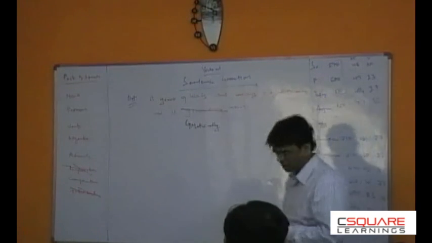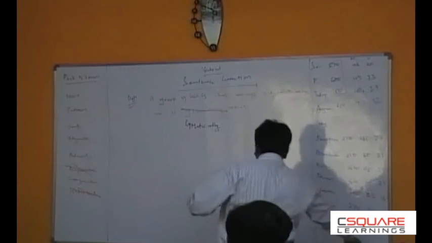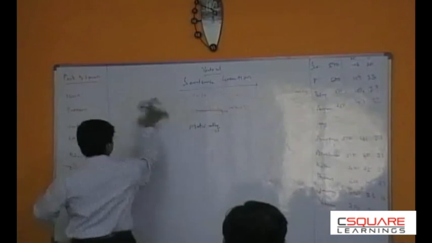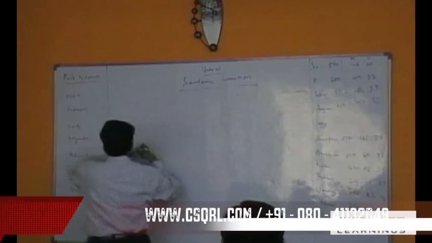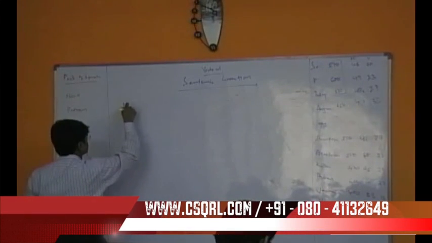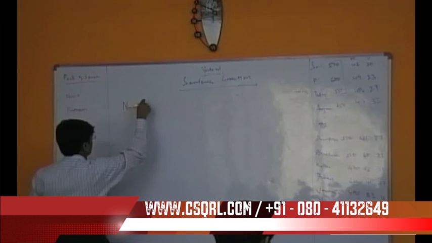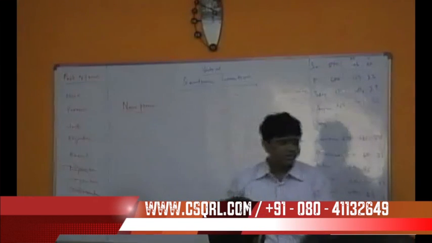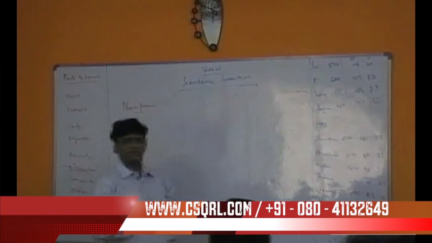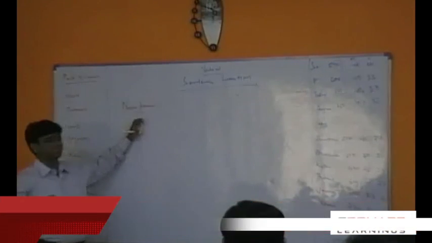And there is something called a noun phrase, which additionally you need to know. Now, what is a noun phrase? Any idea? Exactly. Nothing but a group of words that acts as a noun.